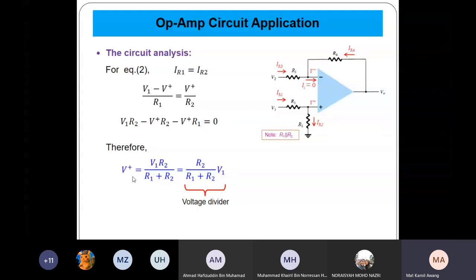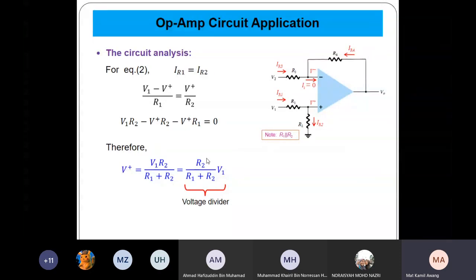So basically V plus is actually the voltage divider of V1. V plus is equal to R2 over R1 plus R2 times V1. So this is the voltage for V plus.